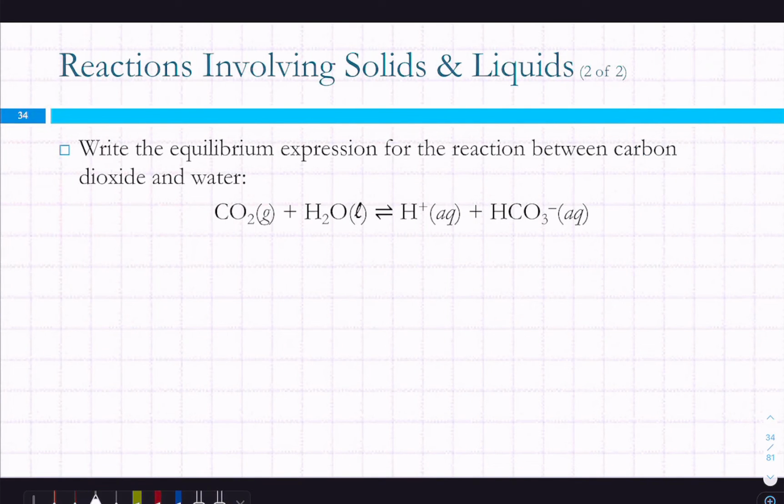So if we write out the equilibrium expression for the reaction between carbon dioxide and water, we're going to leave out water. So we'll get the concentration of H plus times the concentration of bicarbonate over the concentration of just CO2 gas.